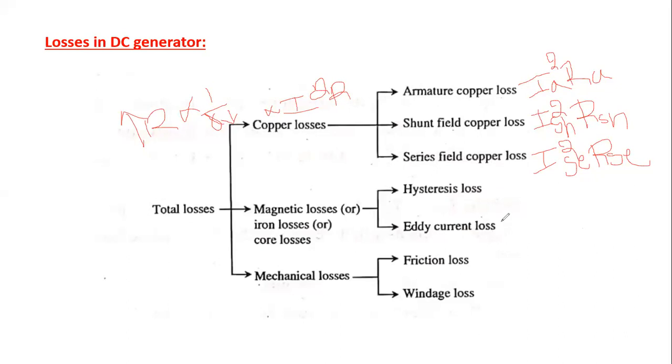Next, eddy current losses: when the magnetic flux is cut by the core, an EMF is induced. Due to that EMF, some eddy currents are developed, and due to those eddy currents, some losses are obtained. These are called eddy current losses. Next, frictional losses and windage losses.